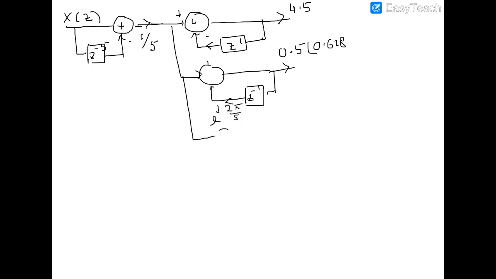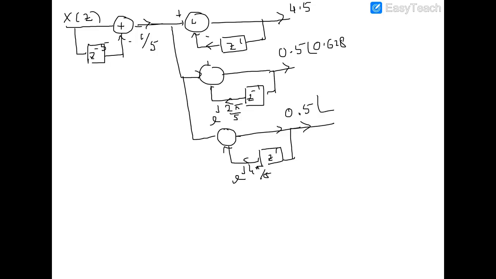Then we have the next factor, that is multiplied by e to the power j 4 pi by 5. It needs to be multiplied by 0.5 at an angle of minus 1.88.